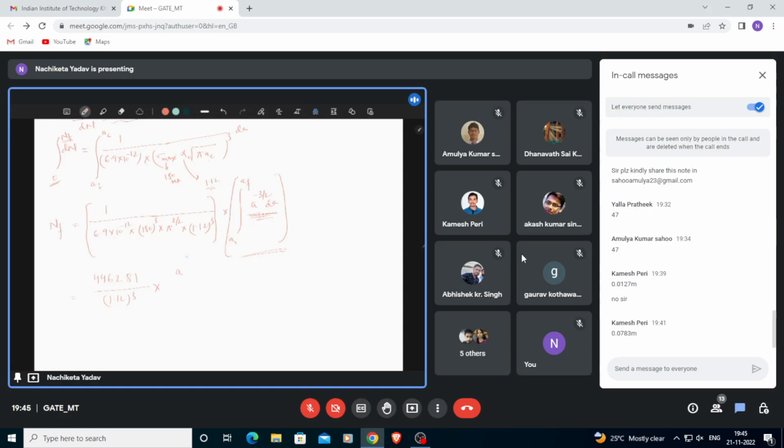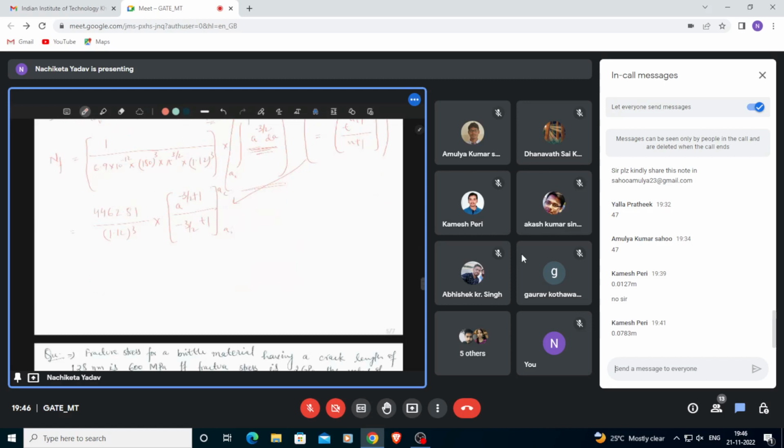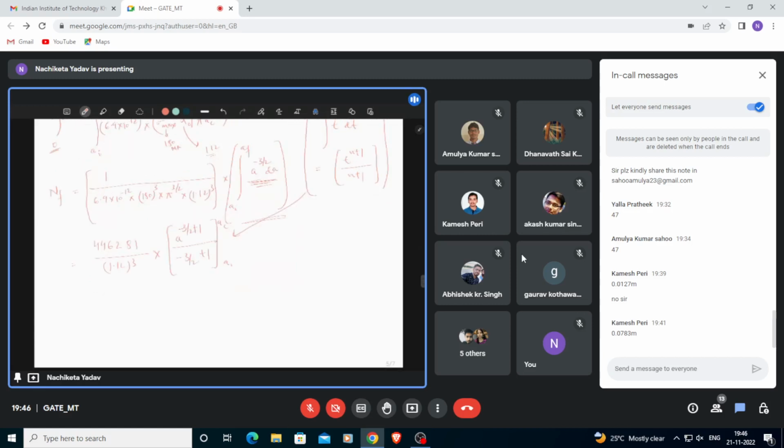It is minus 3 by 2. So minus 3 by 2 plus 1 divided by minus 3 by 2 plus 1, and it varies from AI to AC. You know integration: if t to the power of n dt is given, then we write t to the power n plus 1 by n plus 1. The same we have applied here. So now can you solve?